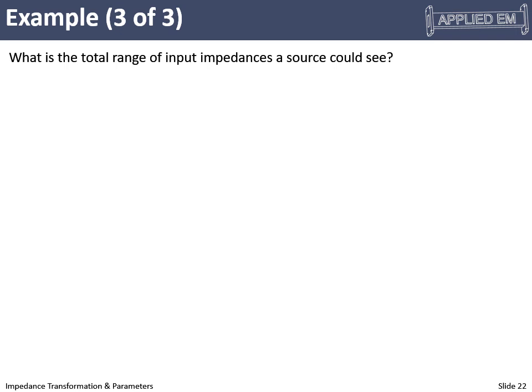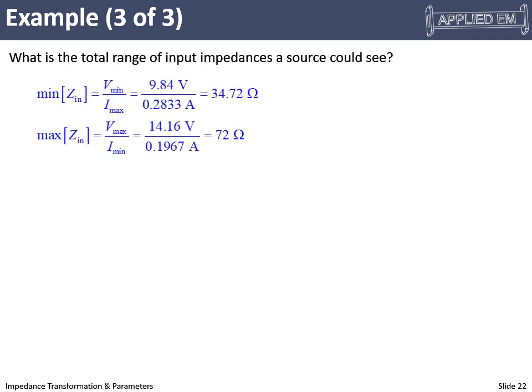So what's the total range of input impedances that a source could see? That's our minimum and maximum input impedances that we get from the minimum and maximum currents. And it turns out the minimum input impedance that we will see on this line is 34 ohms. Maybe I should say 35 ohms. And then the maximum is 72 ohms.